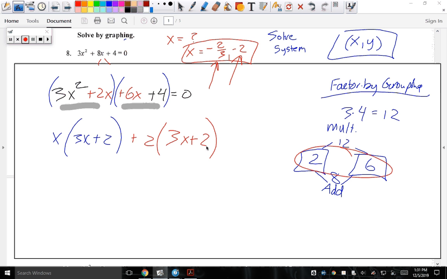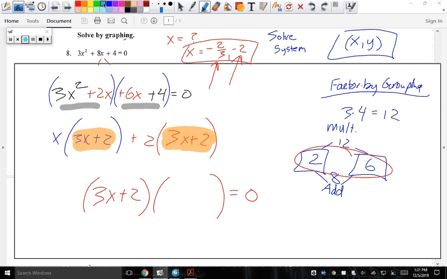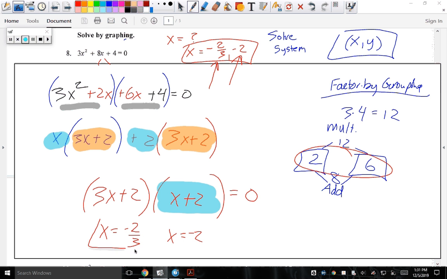Now remember, with factor by grouping, the carbon copies of what are inside is going to be one of our answers. One of our factors, that is. What's outside of parentheses will be our other answer. Okay? And if you set them individually equal to 0, you get a negative 2 and you get a negative 2/3, which is exactly what we originally got with the other methods. Any questions before I close out the video?